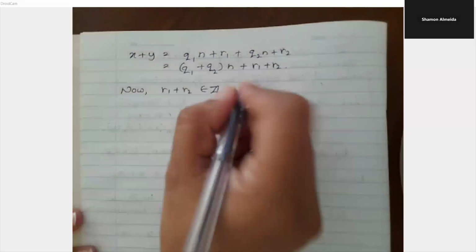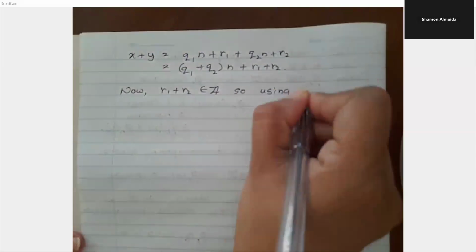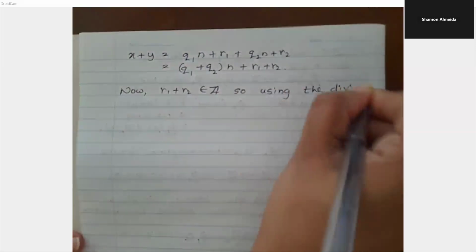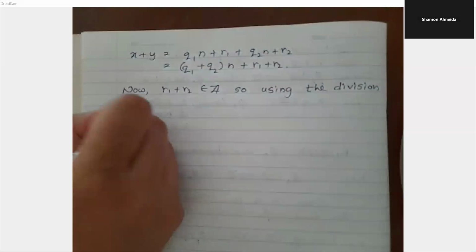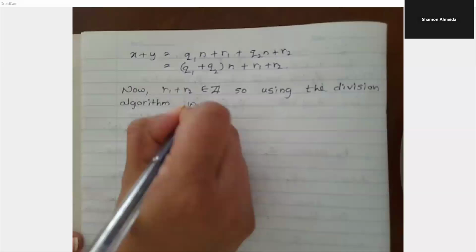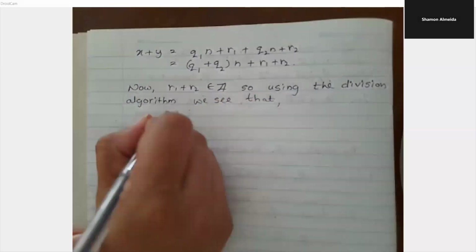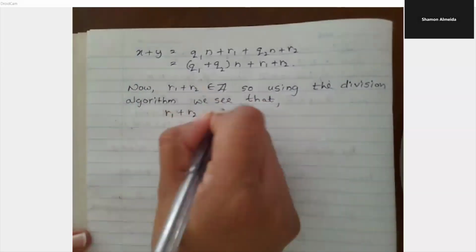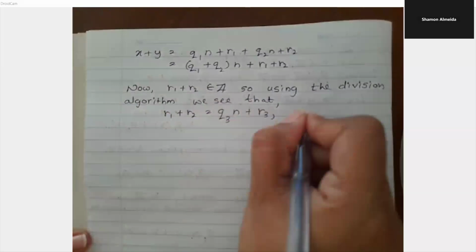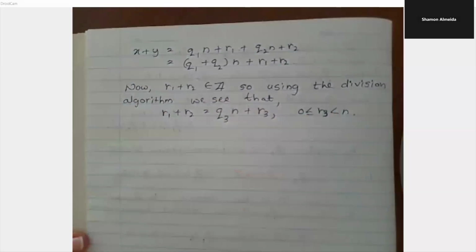Using the division algorithm, we see that R1 plus R2, when you divide it by n, you get a quotient of Q3, let's put, and a remainder R3, where R3 actually lies between 0 and n, right?